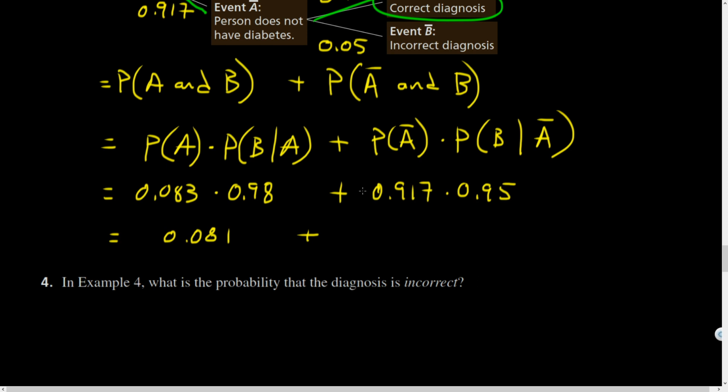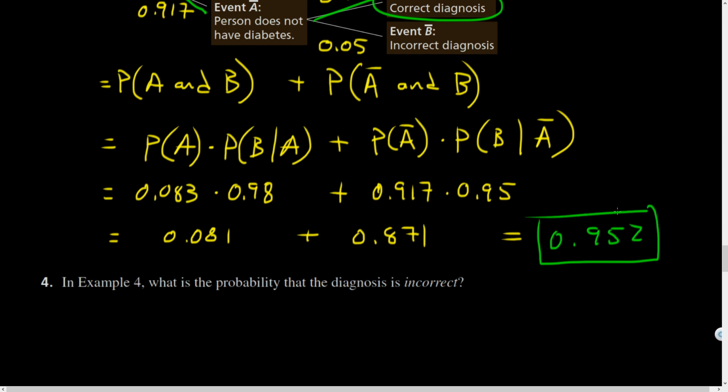And then 0.917 times 0.95, I get 0.871. And so now if I add those together, final answer, the probability of a correct diagnosis is 0.952. So 95.2% of the time, the diagnosis is correct.